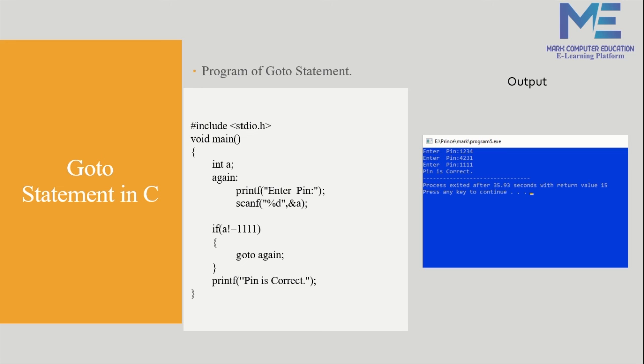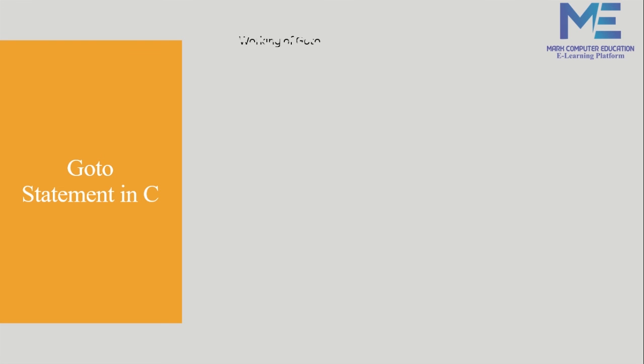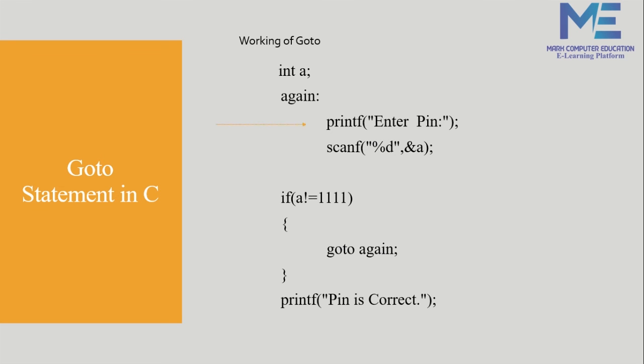Now let's see the working of the goto statement. So first my compiler will ask me for a value, then it will compare my value to the given value. So I had given the value 1 2 3 4. So the condition becomes true because 1 2 3 4 is not equal to 1 1 1 1. So the compiler will go back to the label again.